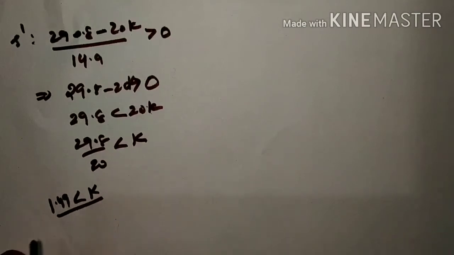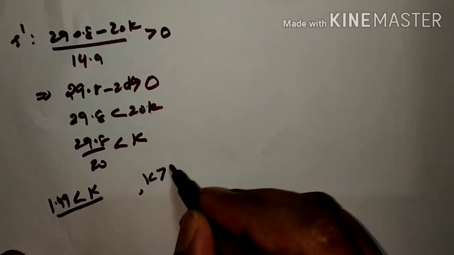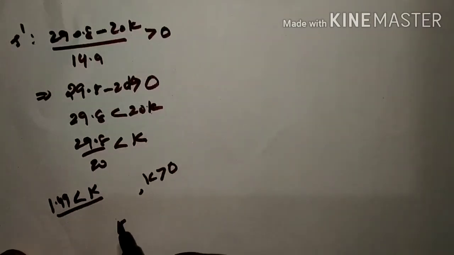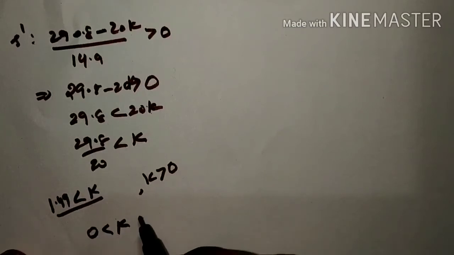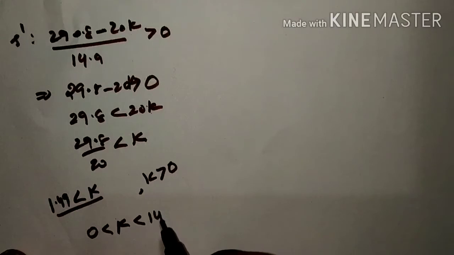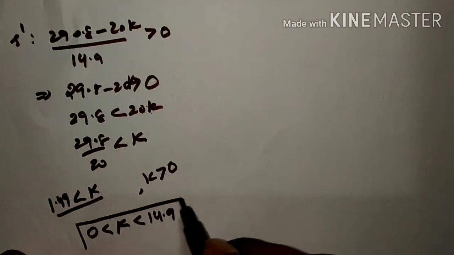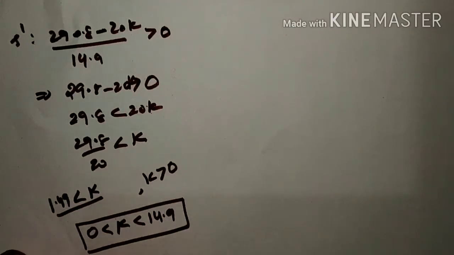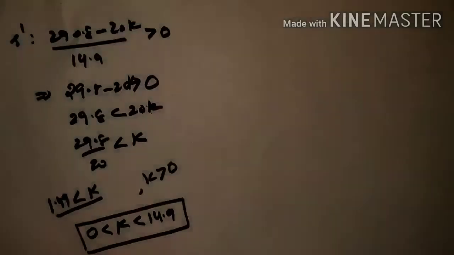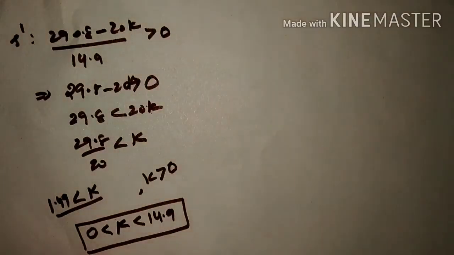From the s power 0 row, the k value should be greater than 0. So k should be greater than 0 and less than 1.49. Okay, this is the range of the k value for the system to be stable.